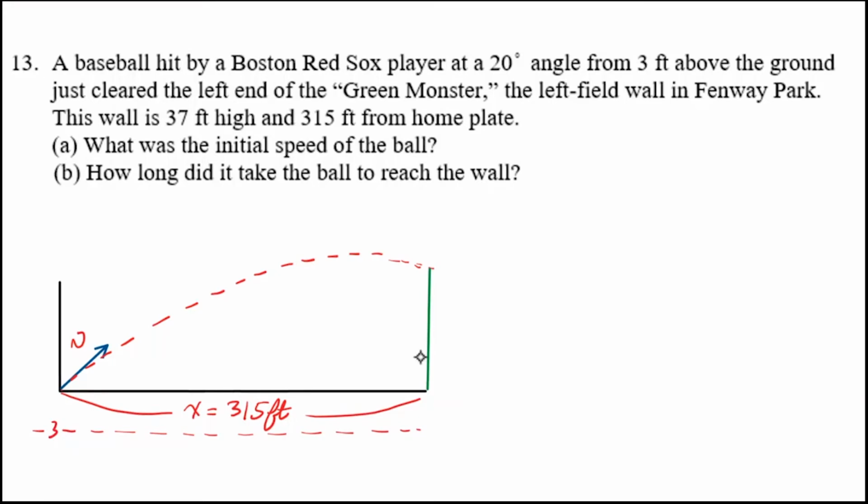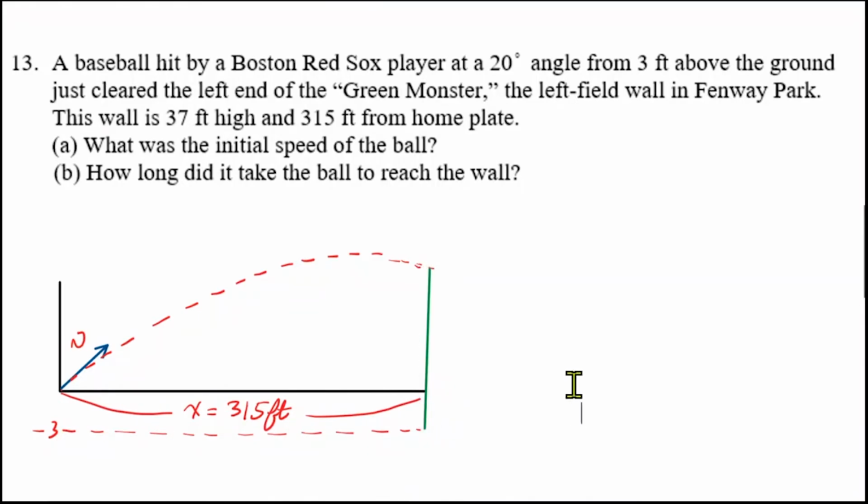So we have to compensate for that because this is not golf. When you hit a baseball, it's a little bit above ground, waist level, not under. So this launch point is 3 feet above the ground. So this fence starts from down here.